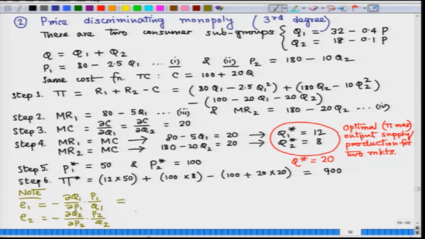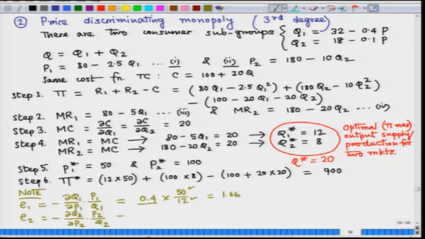So, if we consider market number 1 to start with, then these are the numbers. This is basically the negative of the slope of the demand function, and this is the optimal price, and this is the optimal quantity level. So, the final number that we get is around 1.66.